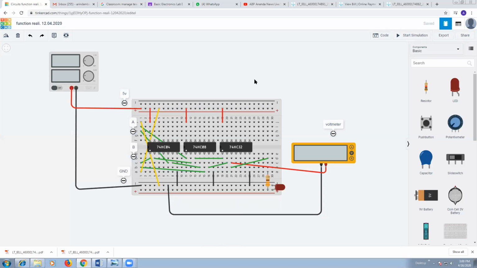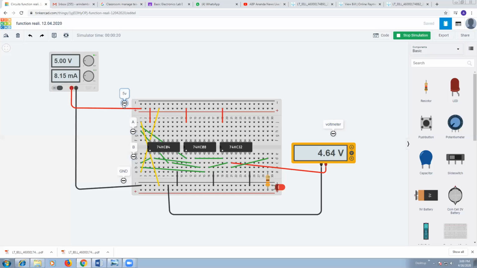Okay. So you can see here, I have already made three logic gates on the breadboard. First one 7404, then 7408, then 7432. This is the power supply which I set here to 5 volt DC.